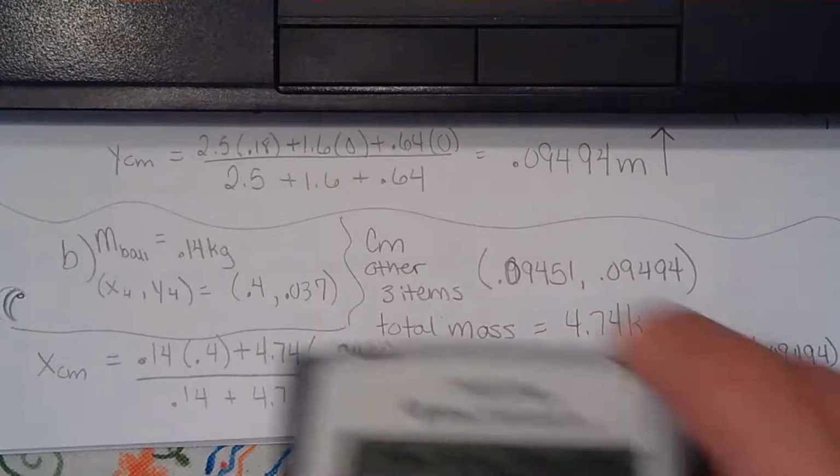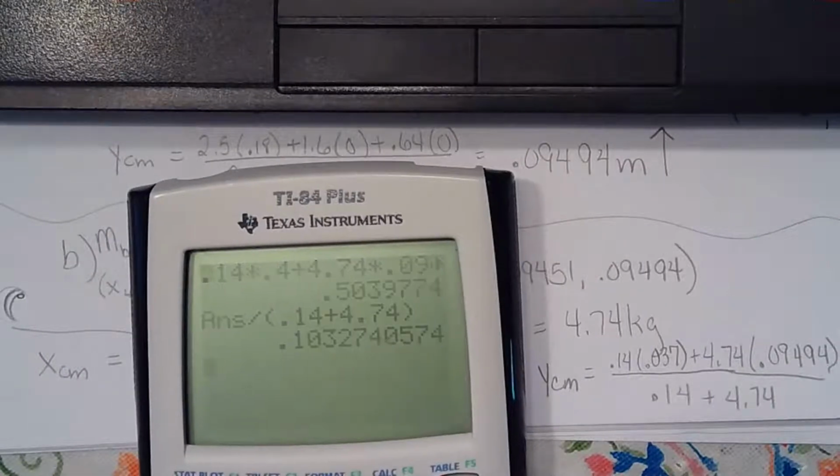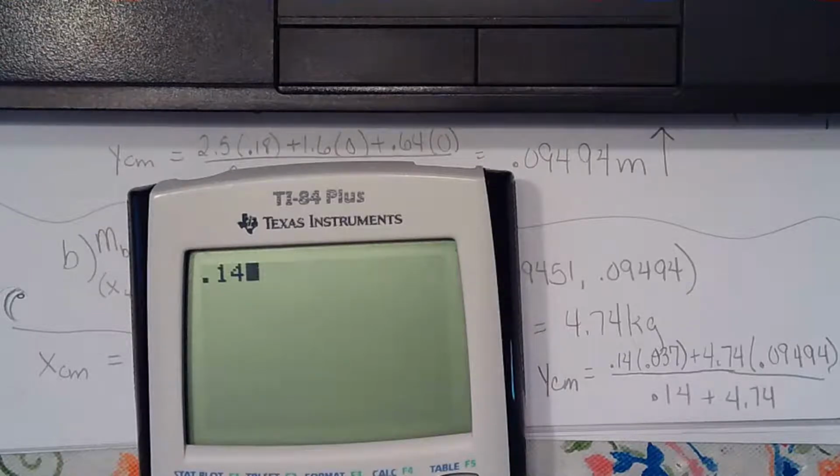Put it in our calculator. That's 0.14 times 0.037 plus 4.74 times 0.09494.